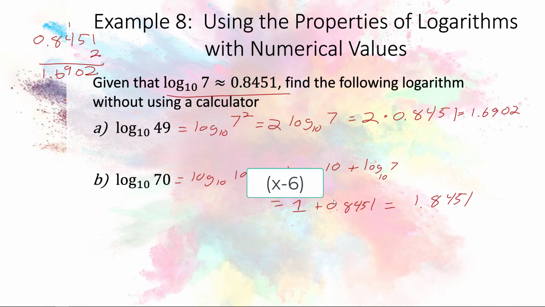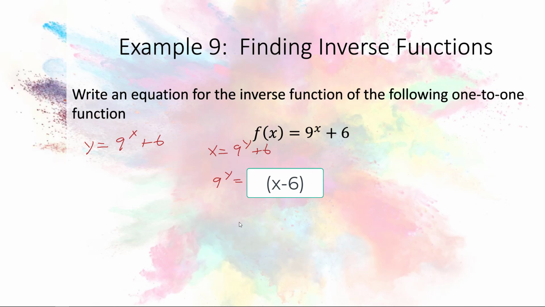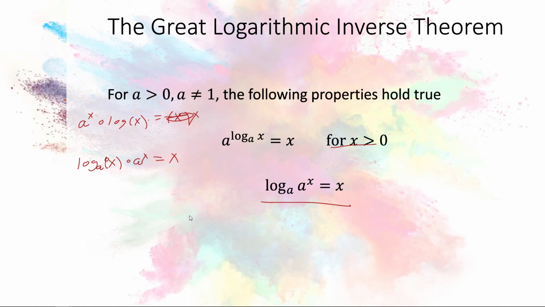Okay, specifically, we are going to take the logarithm of both sides, and that will give us the log base 9 of 9 raised to the y-th power is going to be equal to the log base 9 of x minus 6. Okay, well, what is this? Well, once again, that's just y.